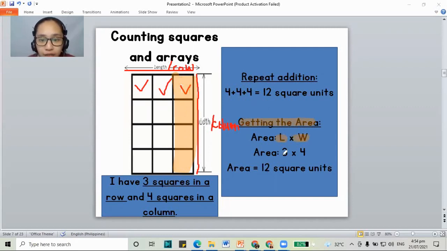So we have 3 times 4 is equal to 12 square units. And just like for multiplication, you can do the repeat addition. Remember, when you repeat addition, it's like multiplication. Trying to add 4 3 times, you get 12 square units. How about for this one?